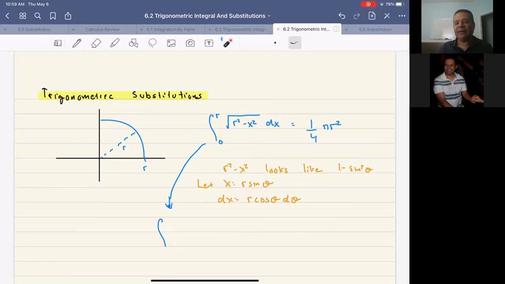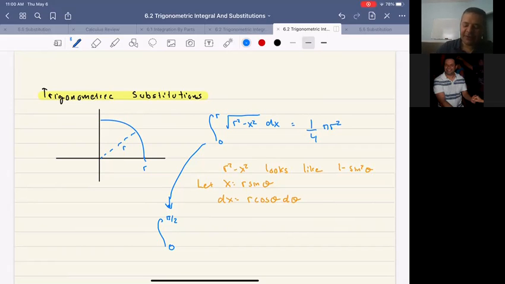Well, that's at theta equals 0. We also want sine of theta equaling 1, so that we get r here. When's that going to happen? At pi over 2. Spoiler alert, I want you to notice that angle's pi over 2. There is a connection there, but let's not think about that too much yet.